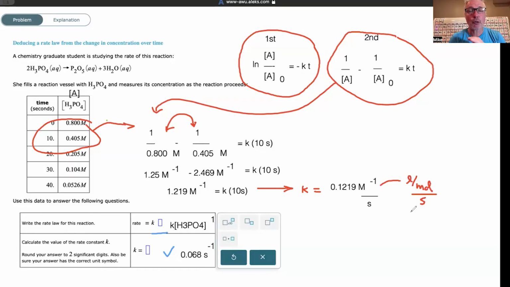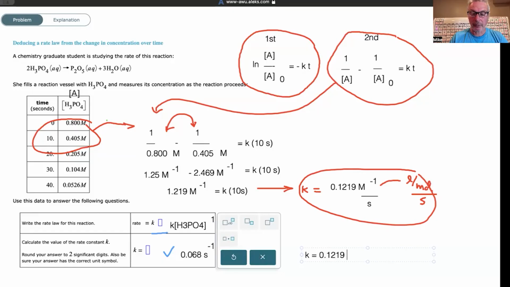That is the units of a second order rate constant. All right, let's keep that. 0.1219 liters per mole per second.